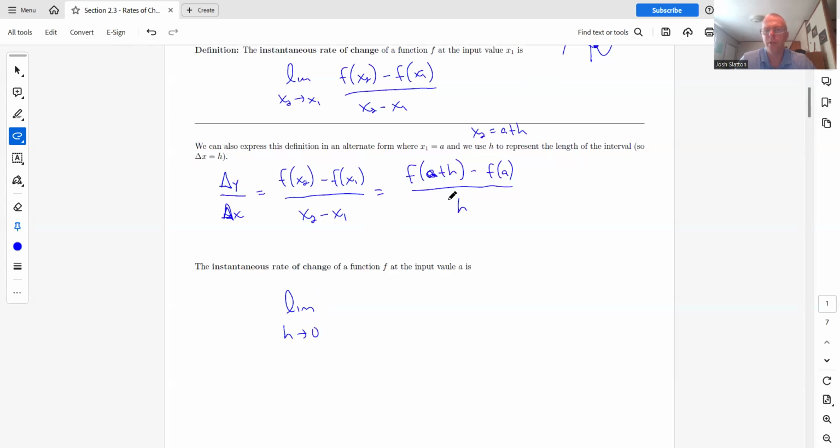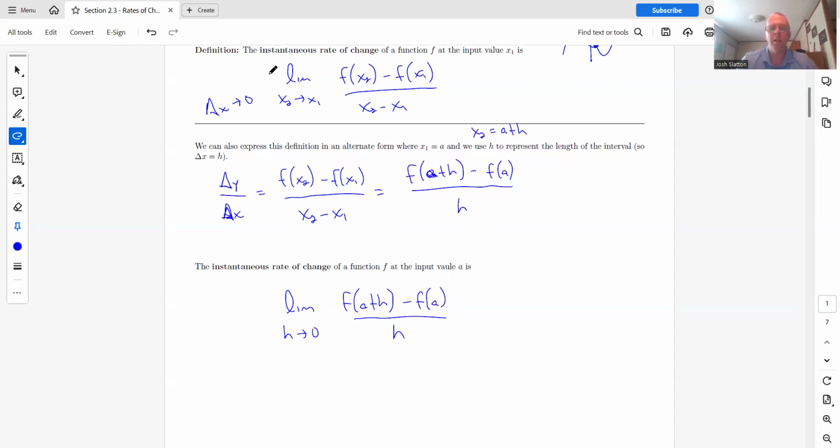So h approaching 0 is the same as x2 approaching x1, or delta x approaching 0. So the limit as h approaches 0 of f of a plus h minus f of a over h.